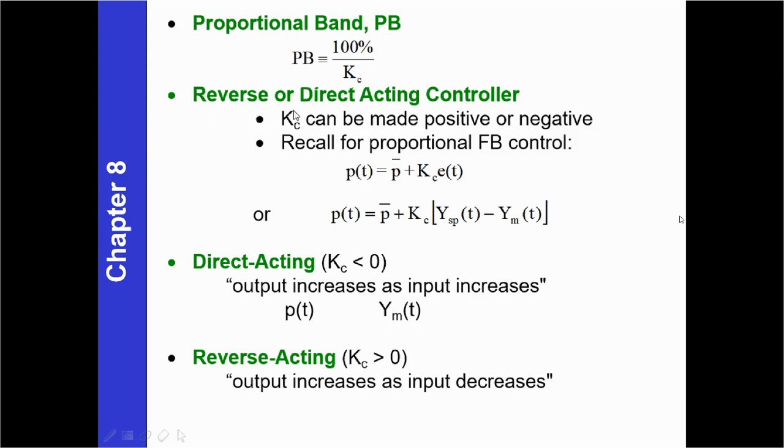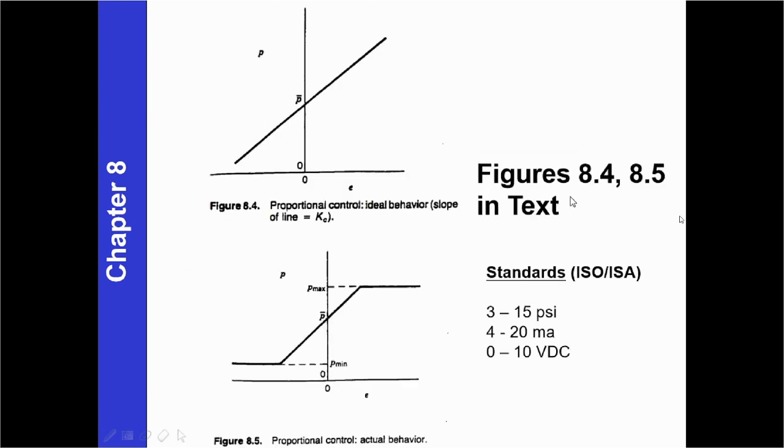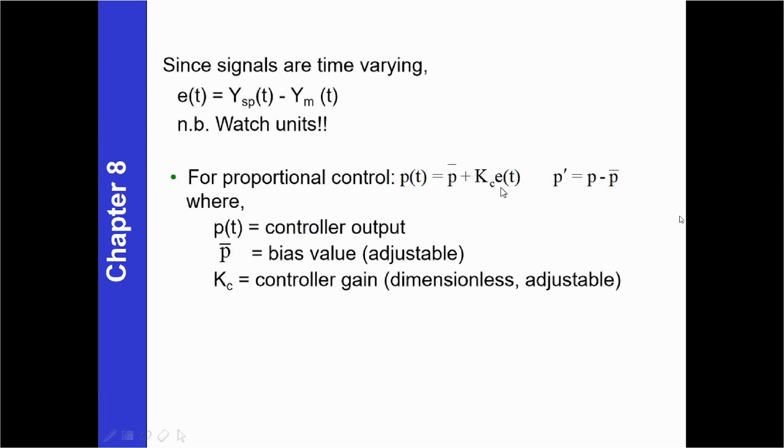Then we also have reverse or direct acting controllers, so Kc can be made positive or negative. Direct is positive, reverse is negative. If we recall, for proportional feedback control, p(t) equals p bar plus Kc times the error. This is the P part of PID.